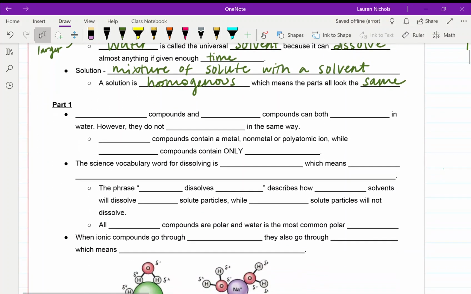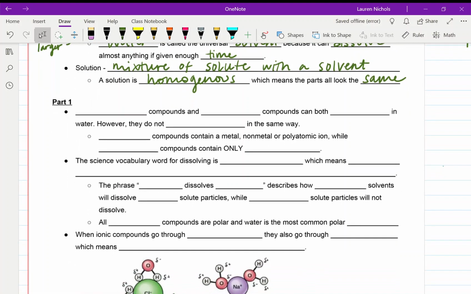So when we talk about how things dissolve, not all things dissolve in the same way. If my solute is ionic, then it's going to dissolve a different way than if the compound were covalent. They both dissolve in water, however, they don't dissolve in the exact same way.